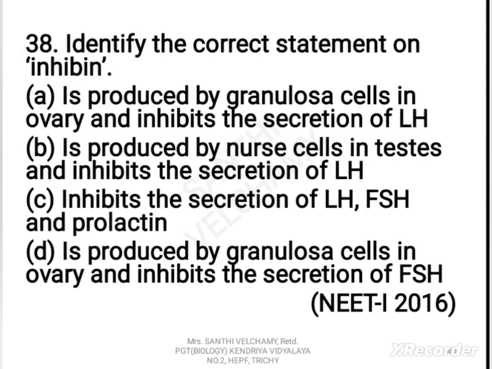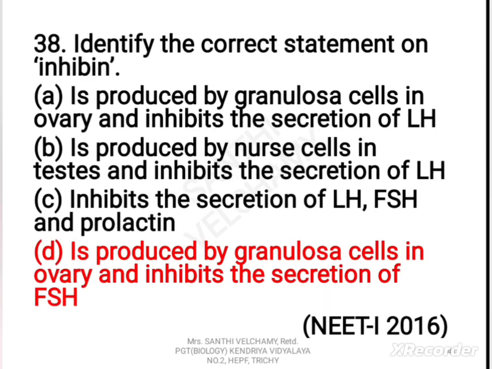C inhibits the secretion of LH and FSH and prolactin. D is produced by granulosa cells in ovary and inhibits the secretion of FSH. Find out the correct answer. The correct answer is D. Is produced by granulosa cells in the ovary and inhibits the secretion of FSH.